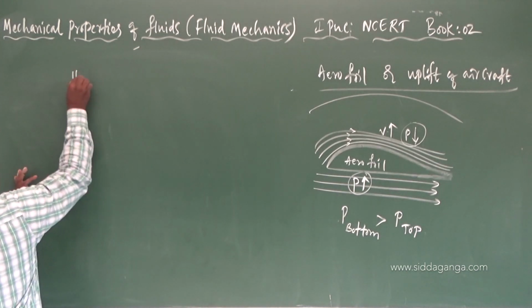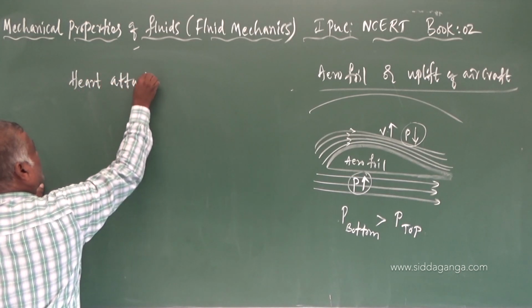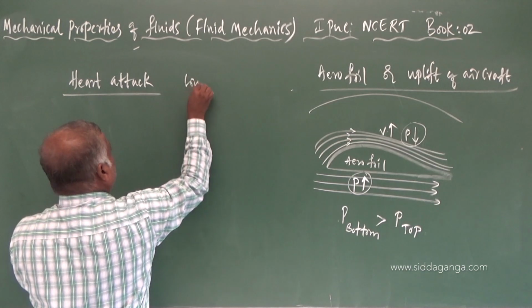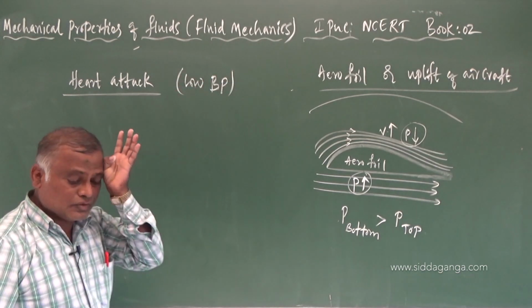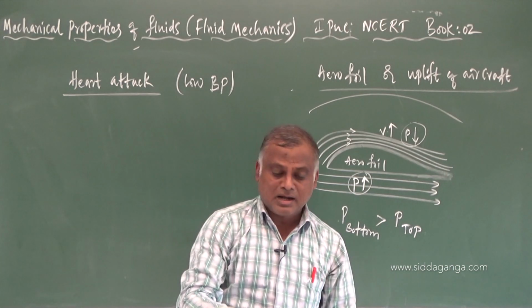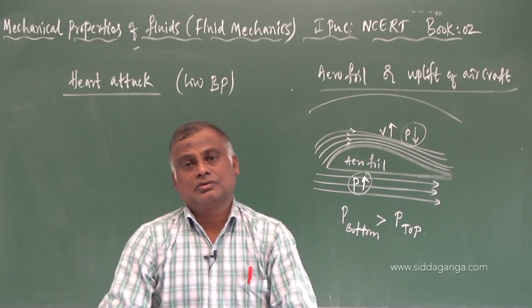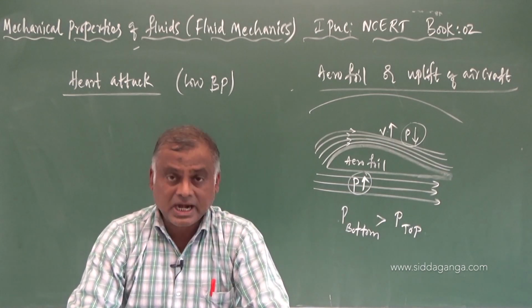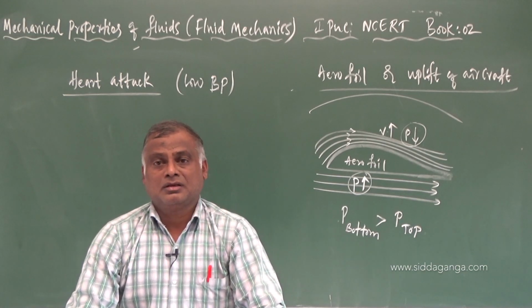This can be understood. Usually we say low blood pressure. Many times, because of low BP, a man can die. BP tumba kammi agibittu satru anta kelide. Why does this low BP happen?